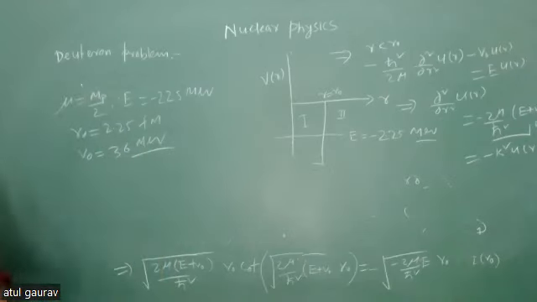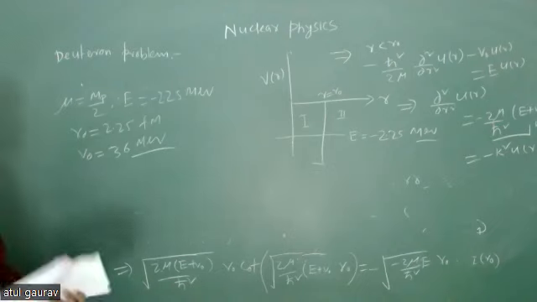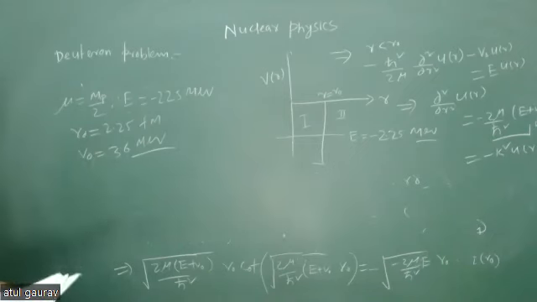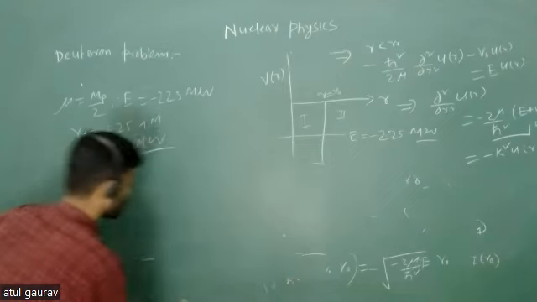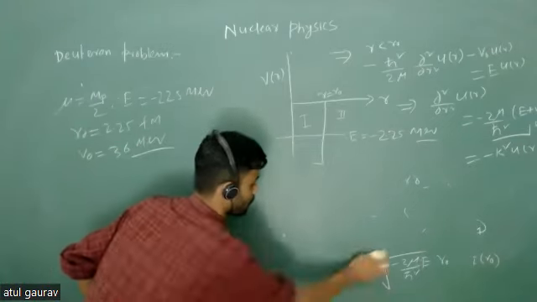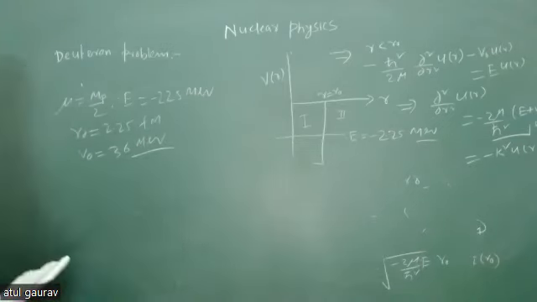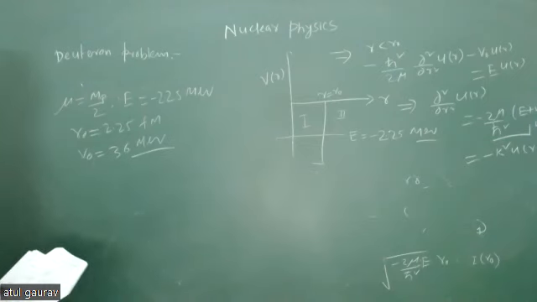Also, if you have done the quantum mechanics finite potential solution by the graphical method, I'm giving you that as homework. You have to do this because you have done the same thing in quantum mechanics. Put it in the graphical method and you will get this value.